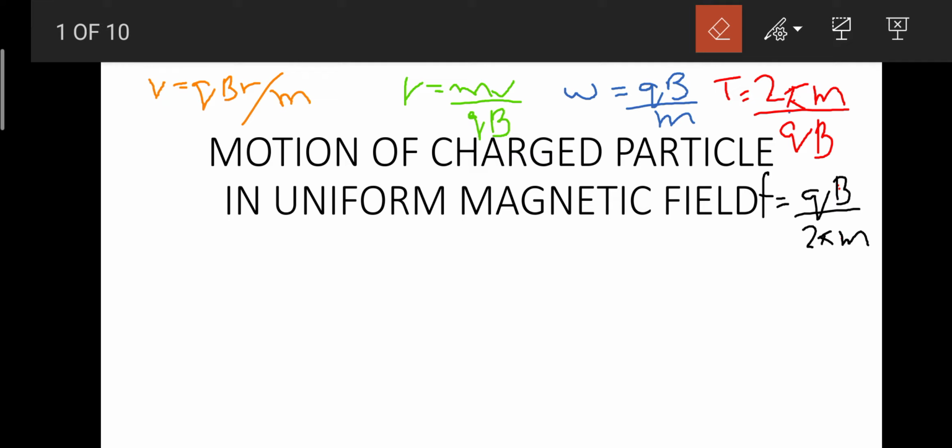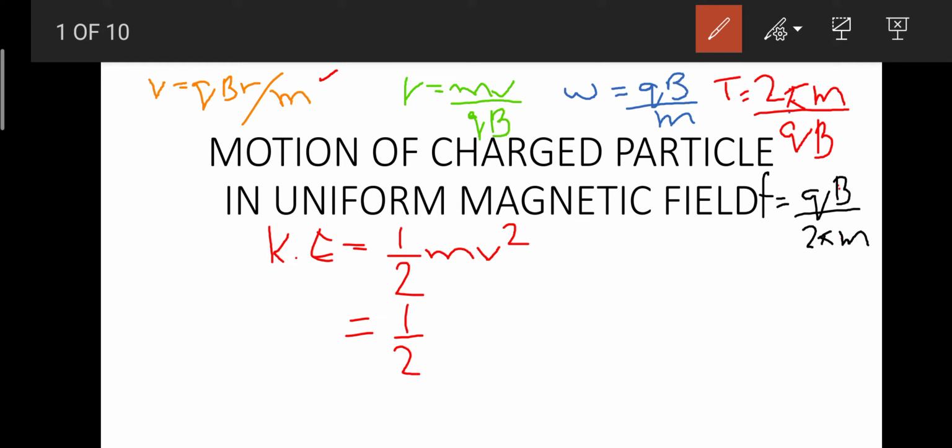Now the very next thing we want to calculate is the kinetic energy of the charged particles when they are moving in a circular path. How can I calculate that? We know the formula for kinetic energy: kinetic energy is equal to half m v square, right? So if I put the value of v from here, what is going to happen?